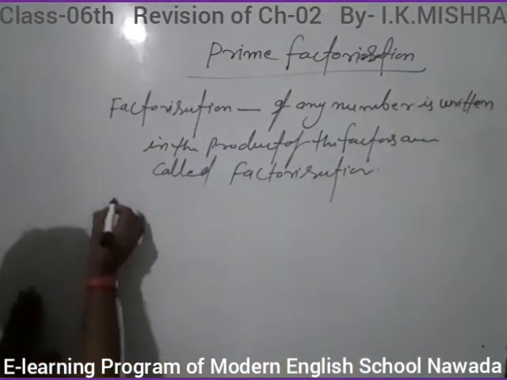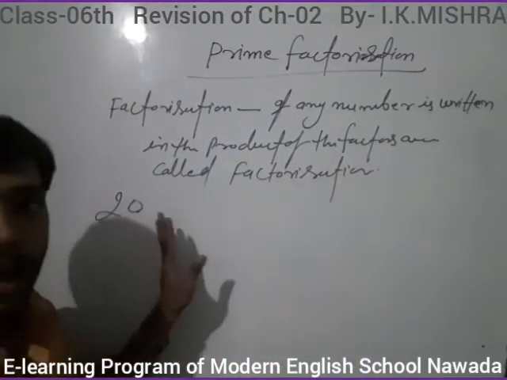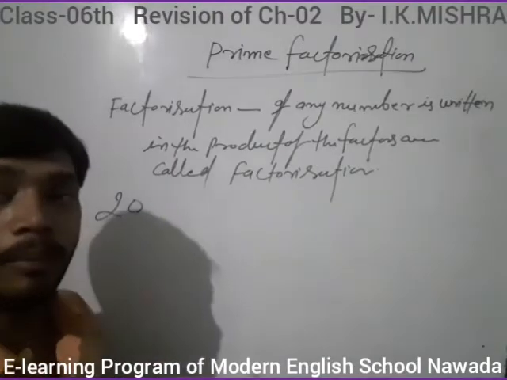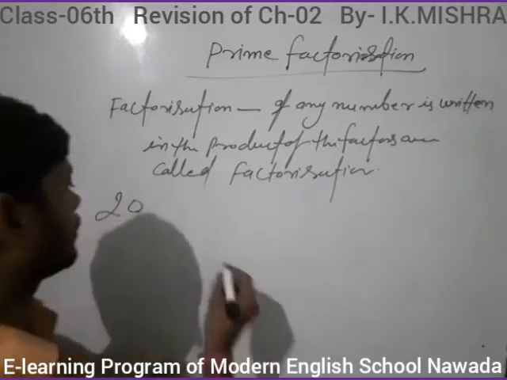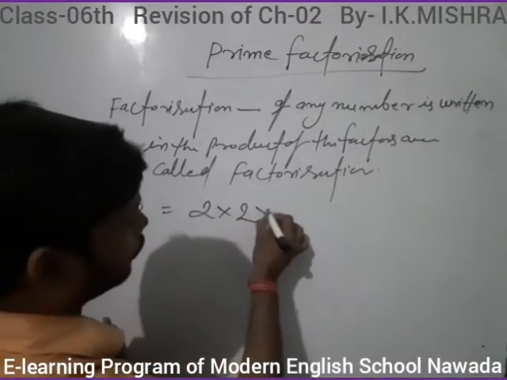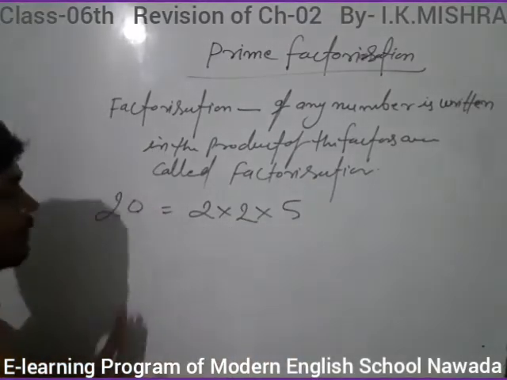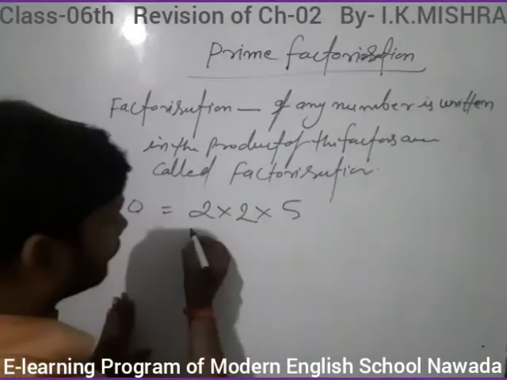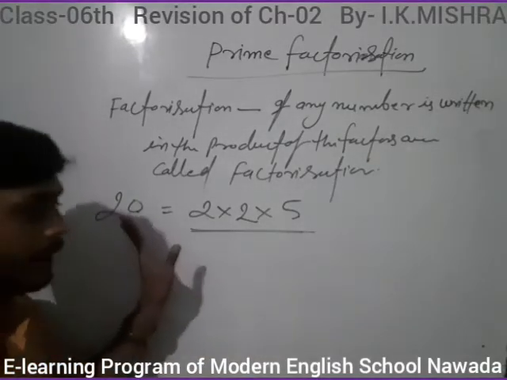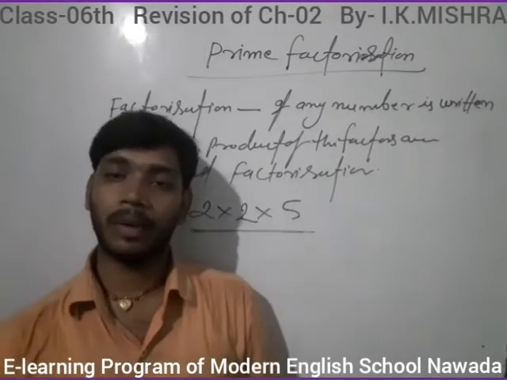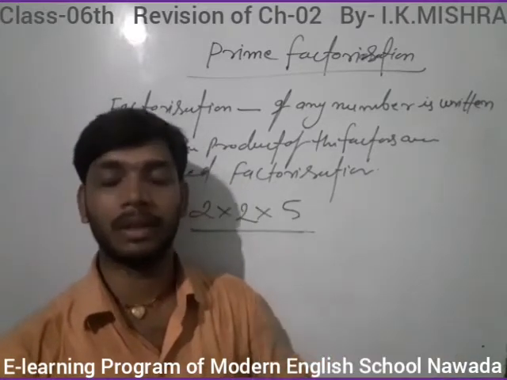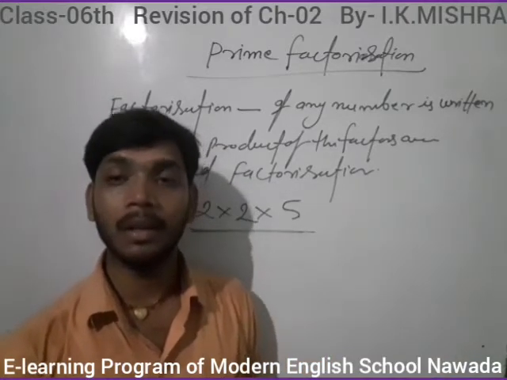Suppose here you write 20, and if 20 is written as the product of its factors, suppose here 2 into 2 into 5. Students, these are factorization of this.